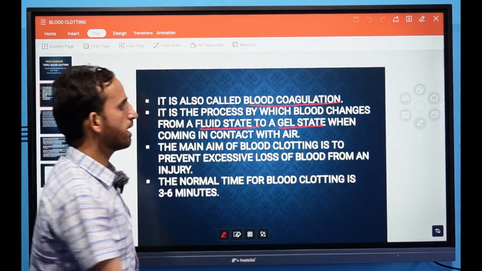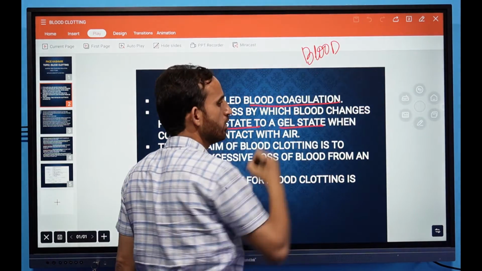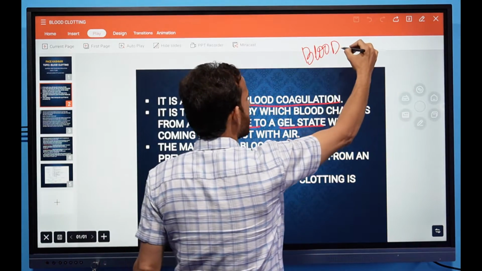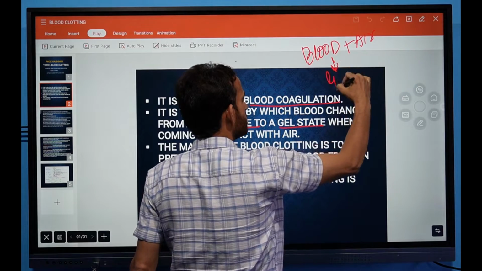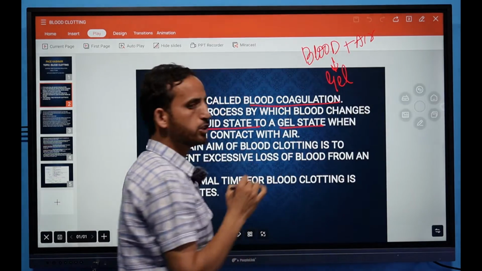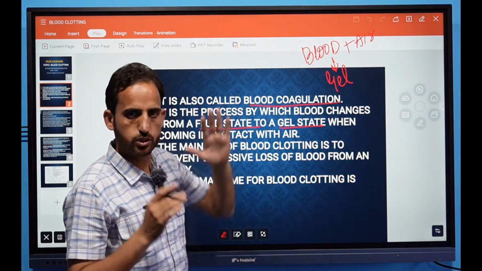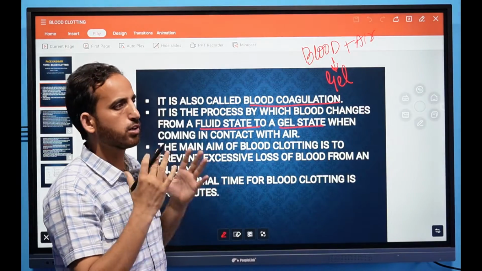Blood is simply defined as a fluid connective tissue. When this blood comes in contact with the air, it gets converted into the gel state. The conversion of the fluid state of the blood into the gel state is known as blood clotting, which is also called blood coagulation.